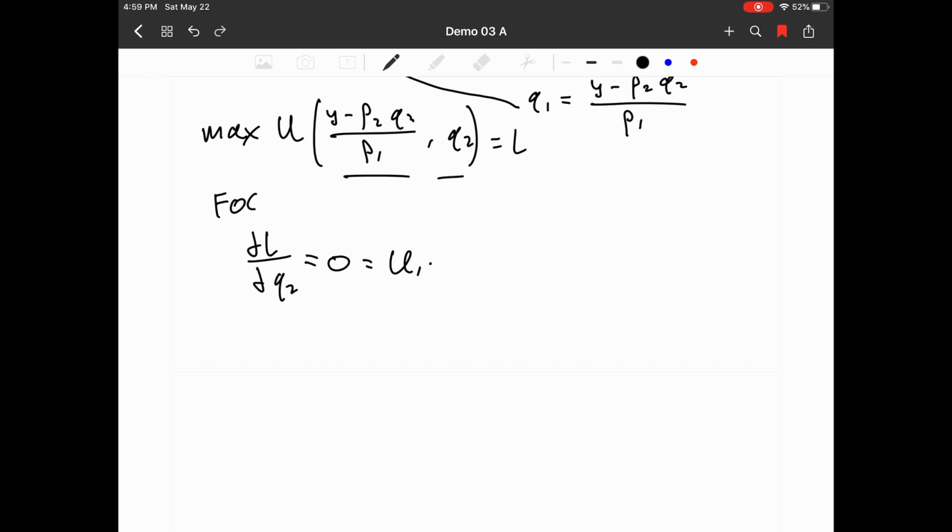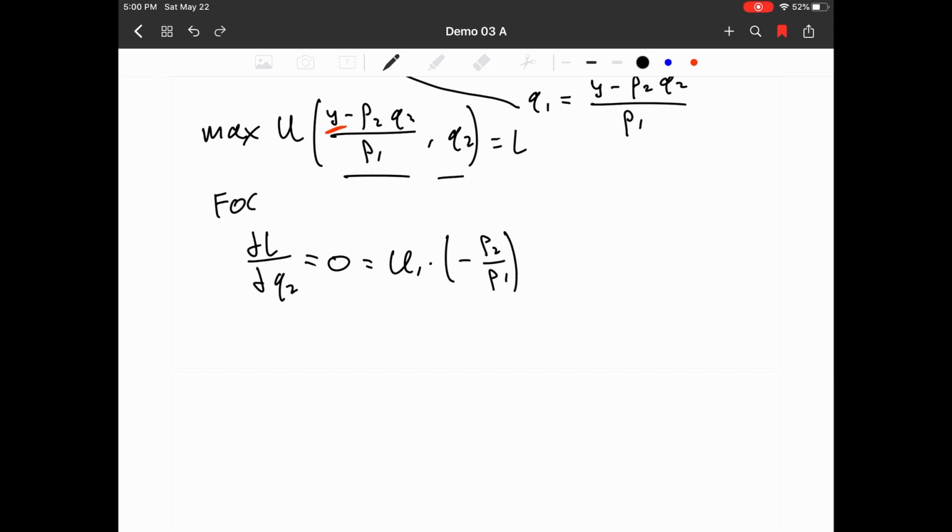So that's just going to be negative p2 over p1. Because y doesn't depend on q2, so we can ignore that. All we're left with is the negative p2 over p1 times the q2, and the derivative of that is just negative p2 over p1.